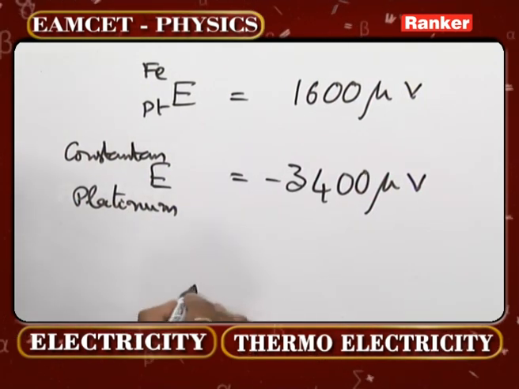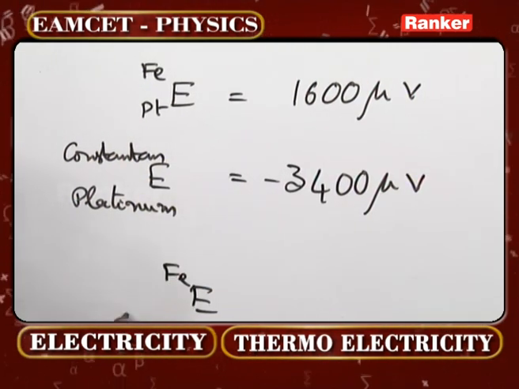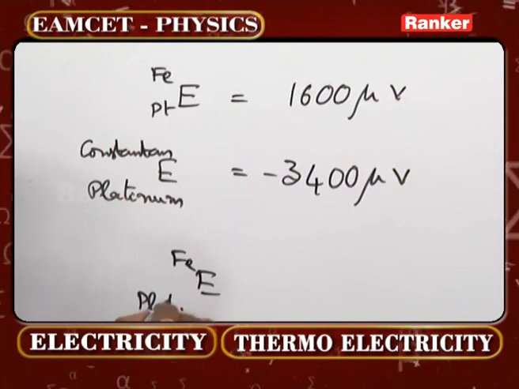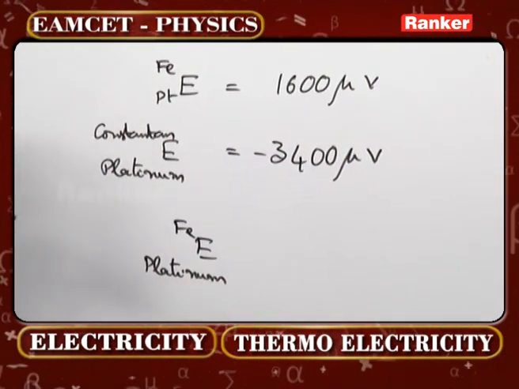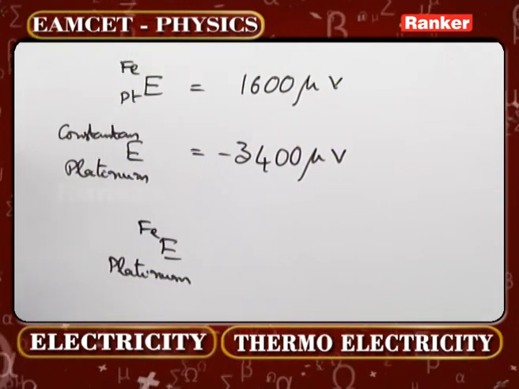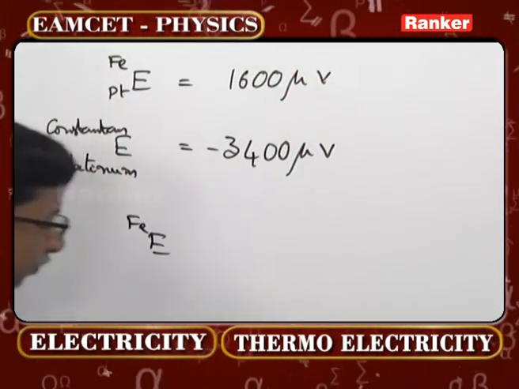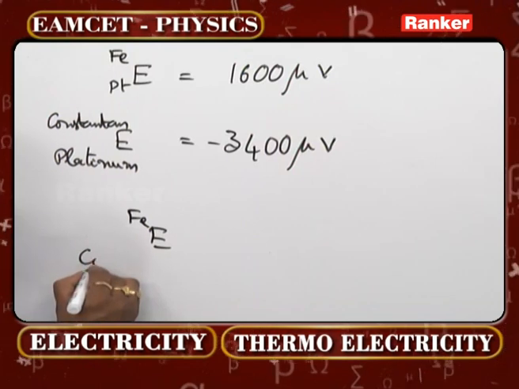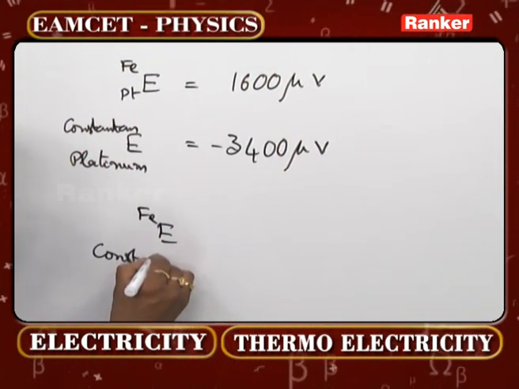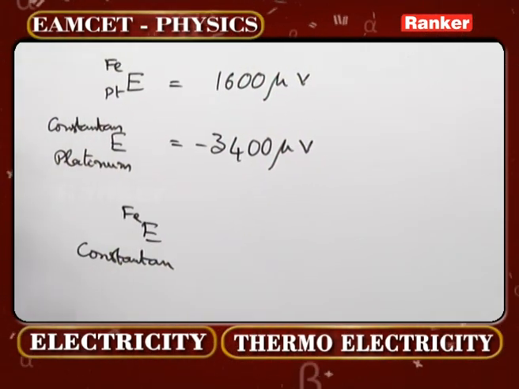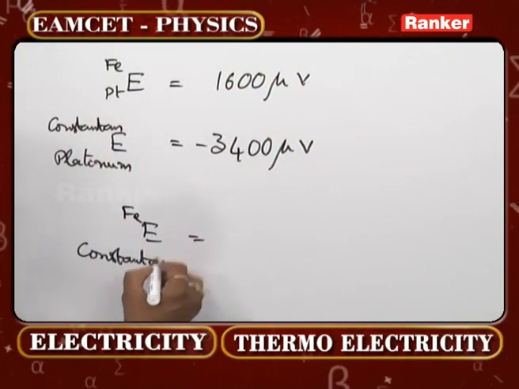But what is it we want? Iron platinum we just want. Look at that final wording. What is for iron constant? Iron constant we just want. So iron versus constant, that is the thermocouple that has been constructed here. Iron constant I want.